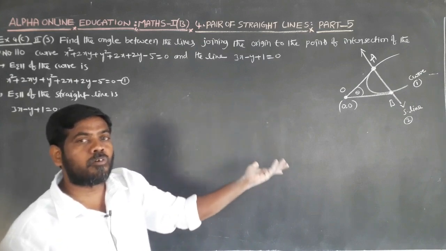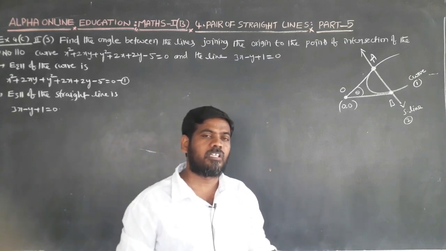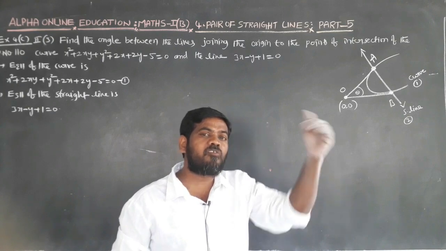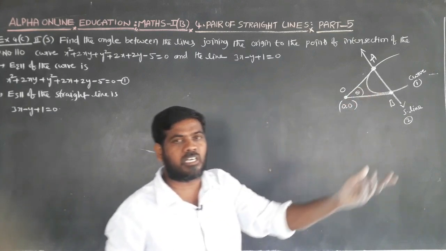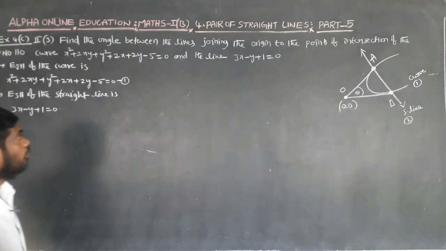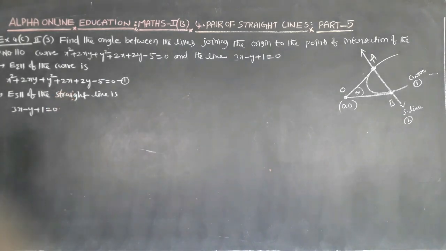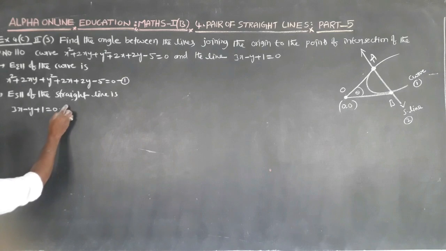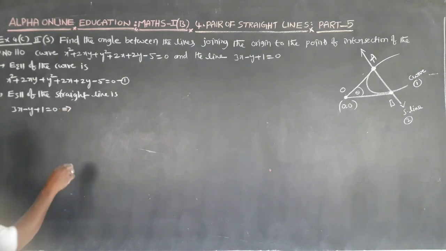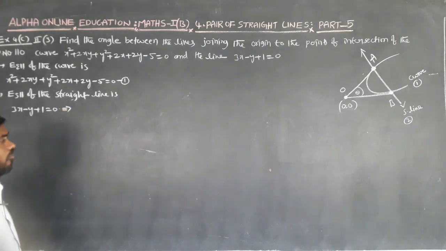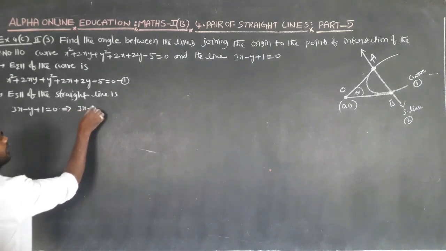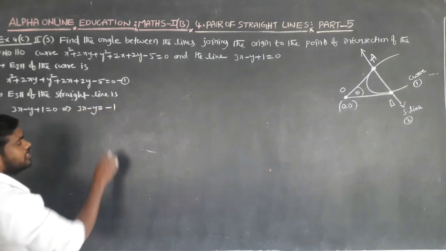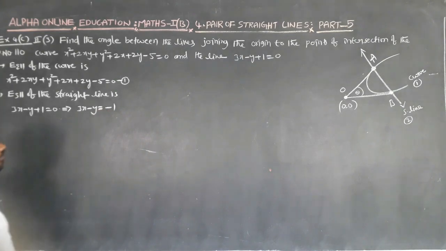If homogenizing a curve with the help of the line, the required equation represents the combined equation of the lines OA and OB. This is the equation of the curve. This is the equation of the line. Line form equal to one form. So taking one to the right side, 3x minus y is equal to minus 1.